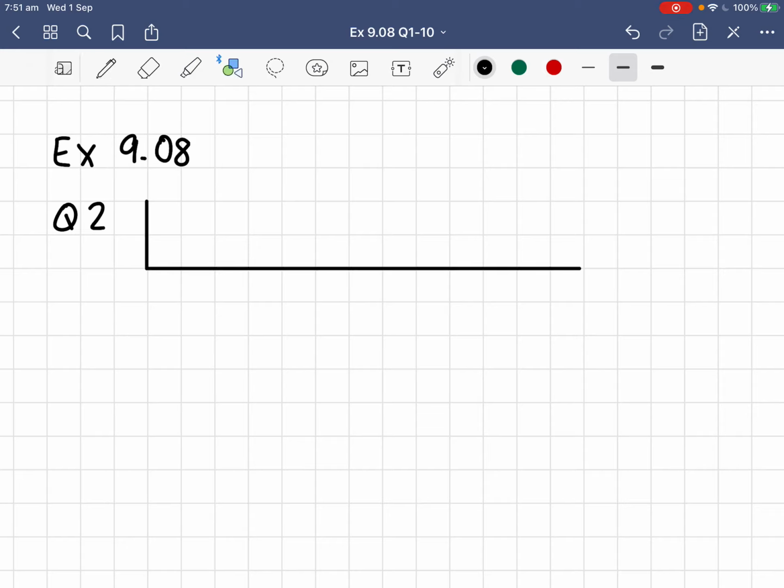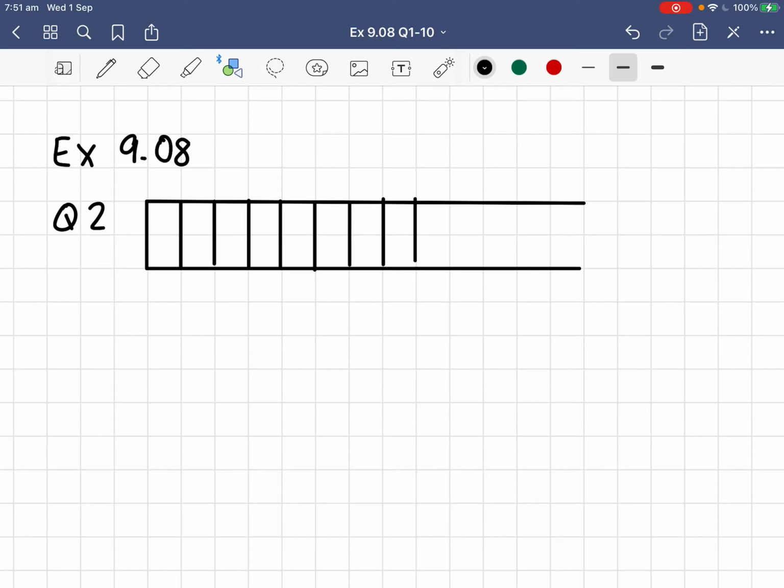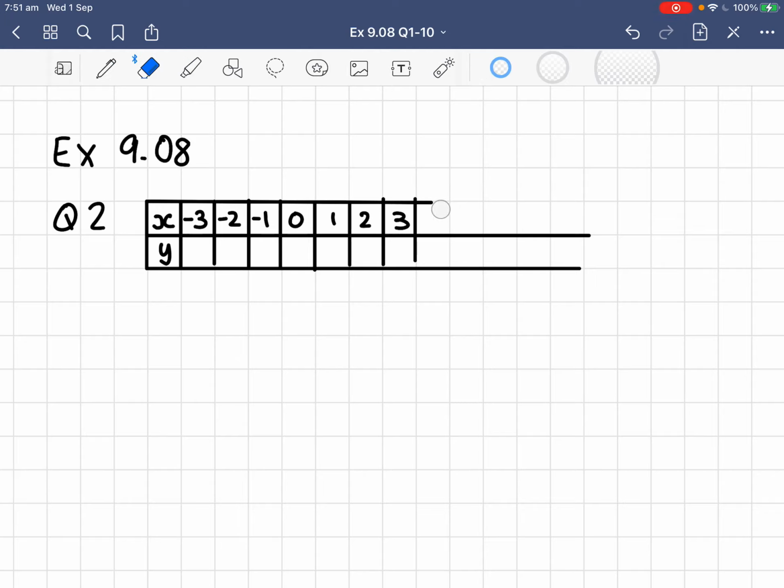It's going to be quite a long table. This is our x value and our y value, and we're doing x values from minus 3 all the way up to 3.